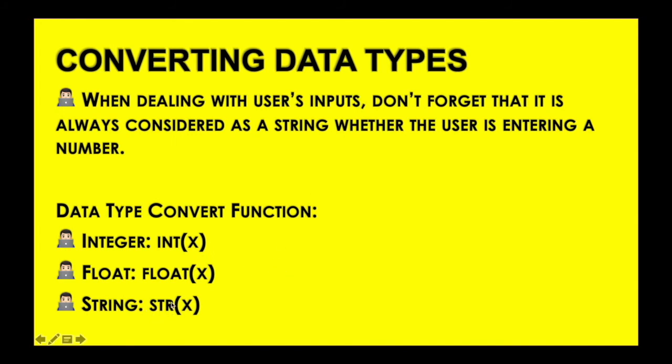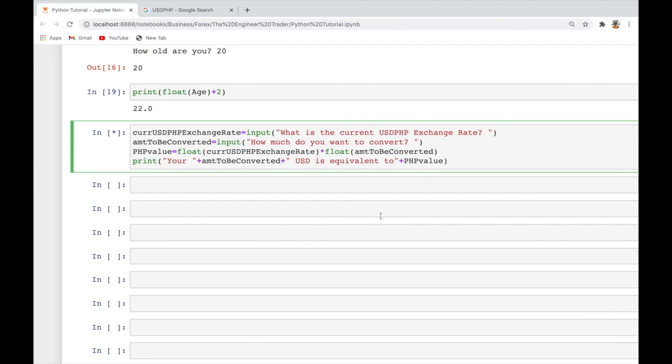We didn't use it a while ago, actually. So let's have here string. Your PHP value. Okay. Then plus, so your 200 USD is equivalent to number, amount, PHP value plus pesos. So let's have here space first, spaced again, pesos.